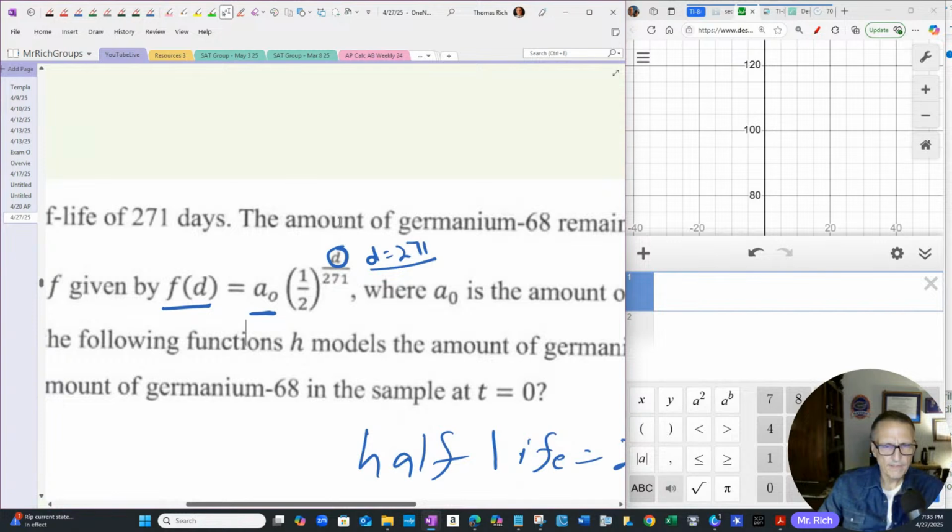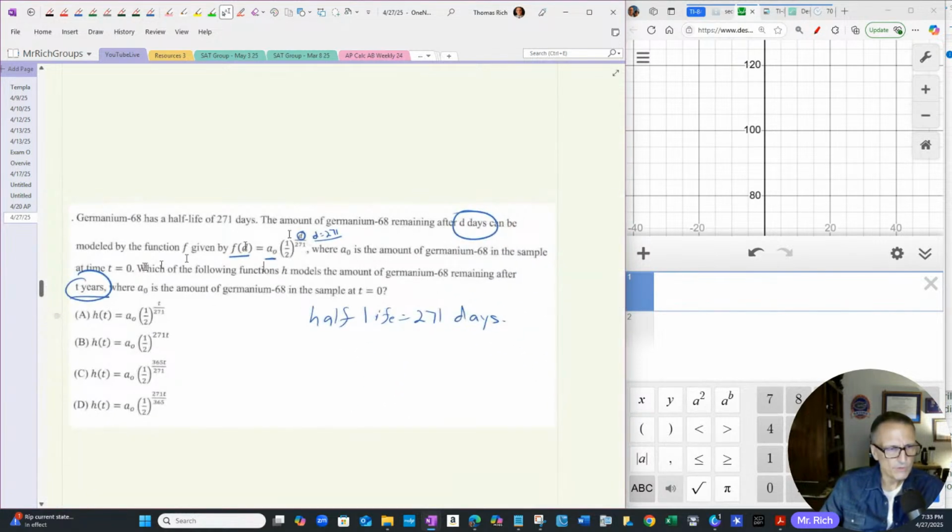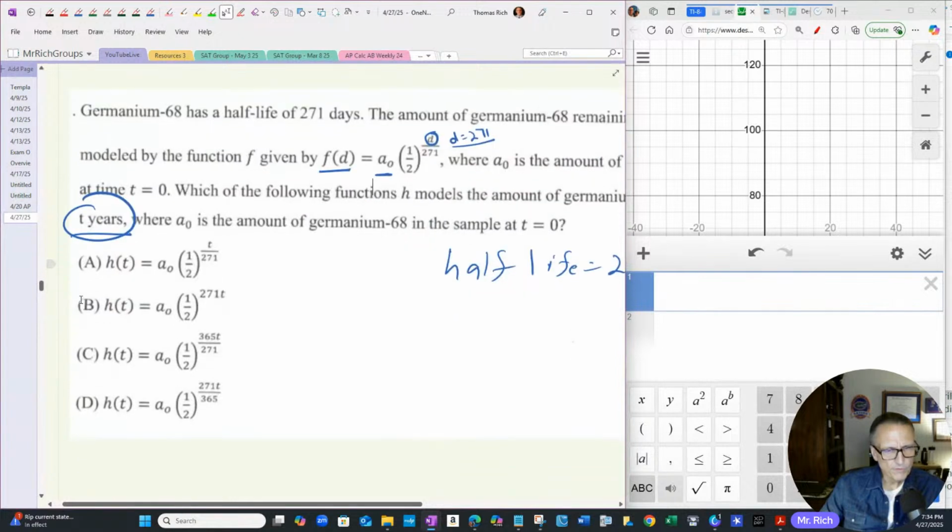That means then that if I'm going to change it to years, then I want the first half to be occurring at 271 over 365 years, right? That right there is the number of years for 271 days.